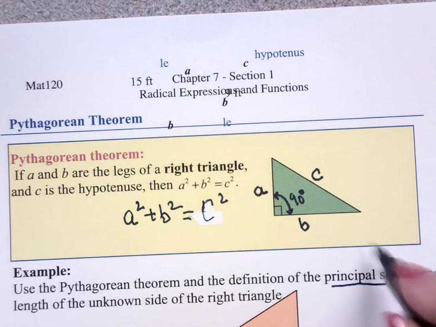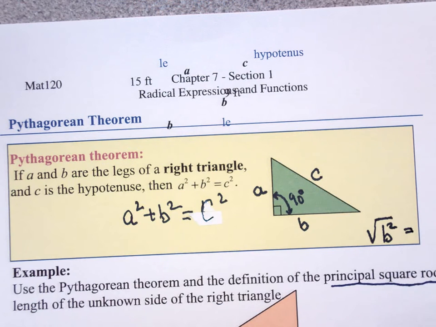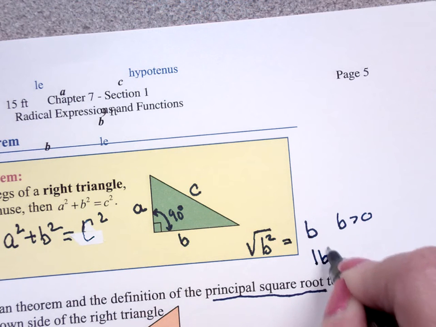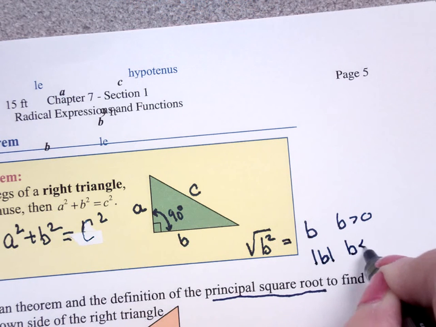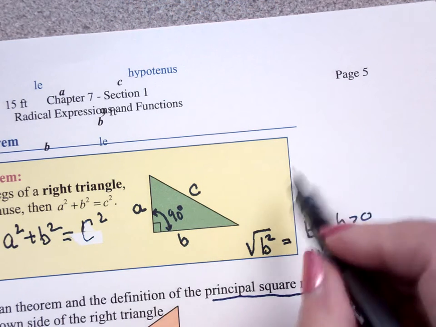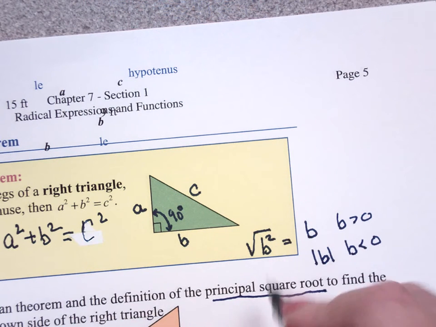So when you're looking at the square root of b squared, it's equal either to b if b is positive, or it's equal to the absolute value of b if b is negative. So what you're looking at is the principal square root means the positive square root.